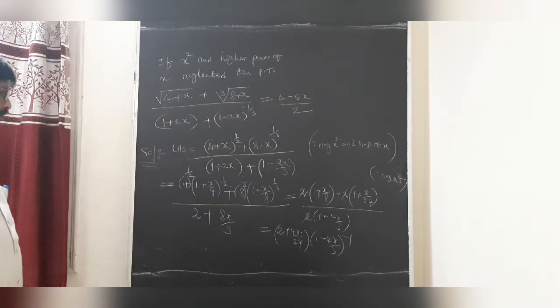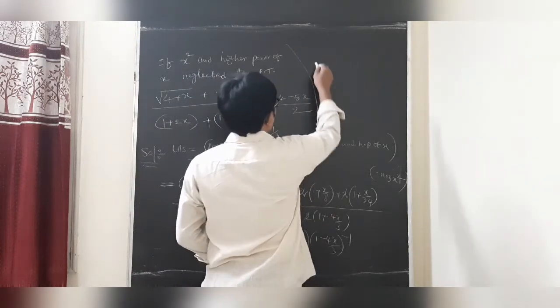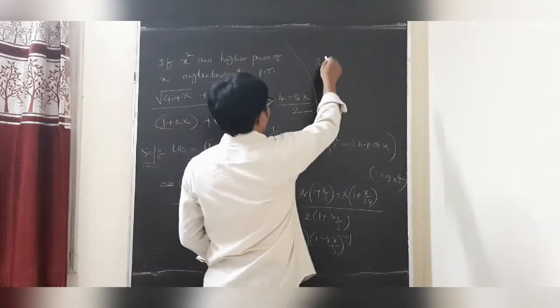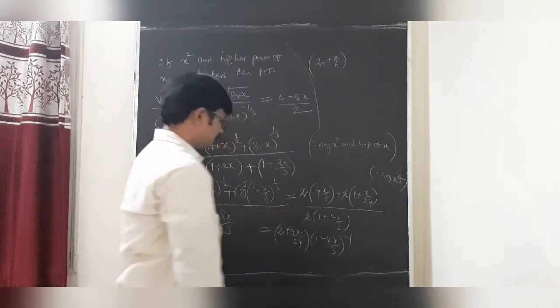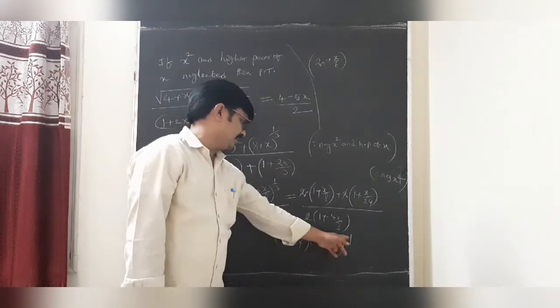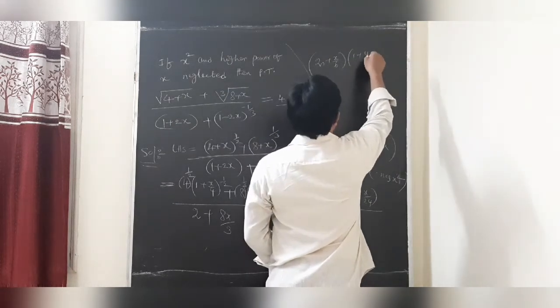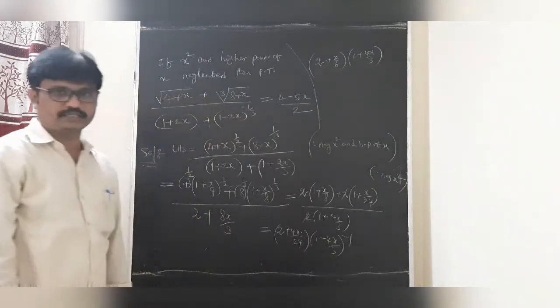So students, right now we observed this is 2 plus x by 4, 1 jar 4, 6 jar. After that students, we can write 1 plus 4x by 3. This is minus of minus plus.